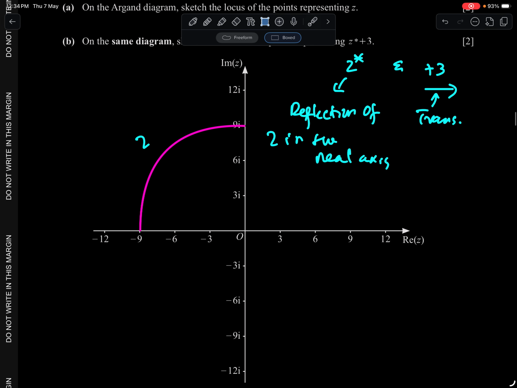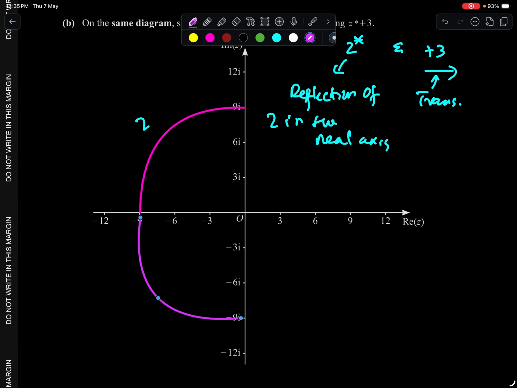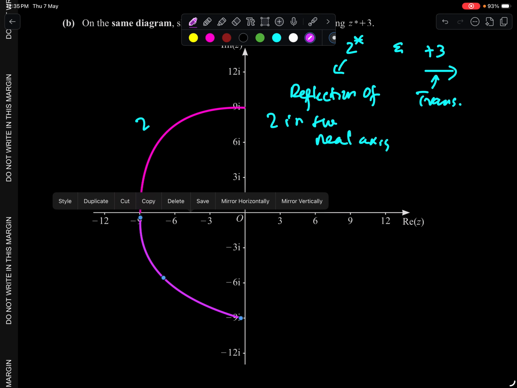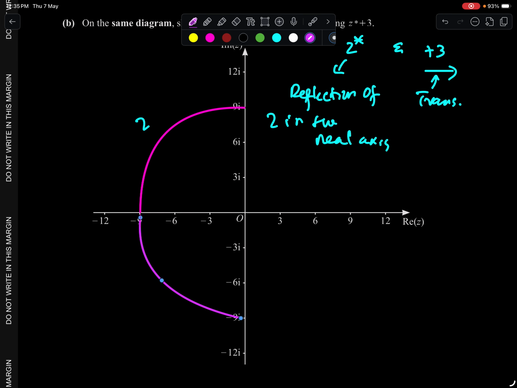Now first go for z star. So z star means reflection of this in the real axis. So this would be like this. All right.